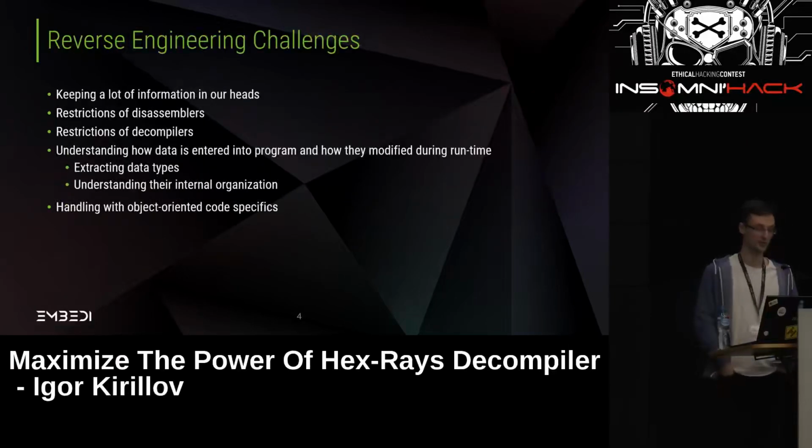As reverse engineers, we must keep a lot of information in our brain when we are doing our work. Understanding what a piece of code does requires a great amount of short-term memory, and to me, it is better to store that information inside instruments. Usually we work with disassemblers and decompilers.